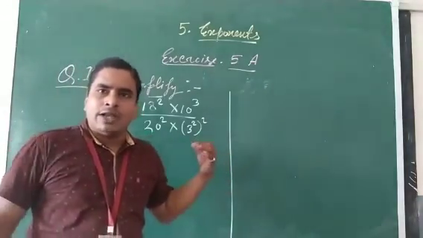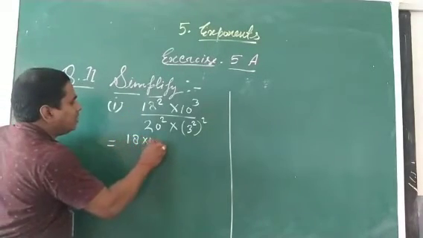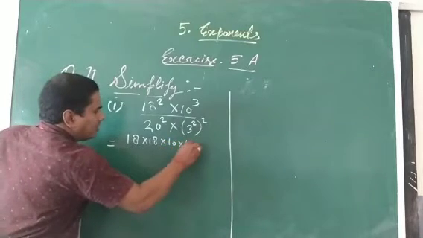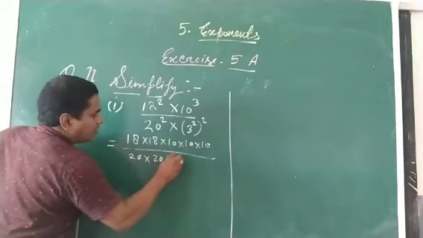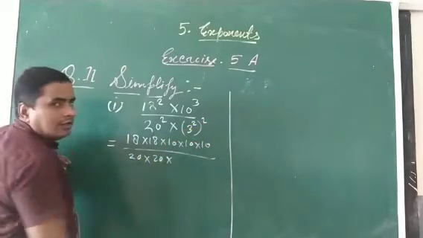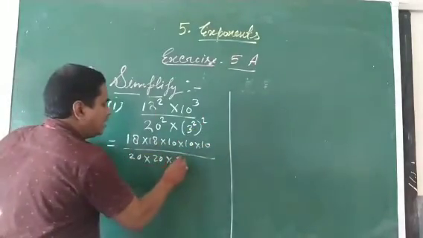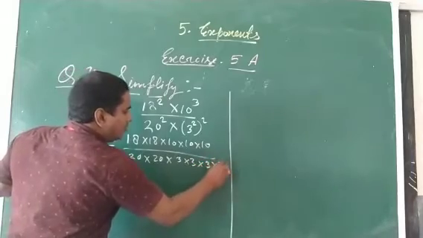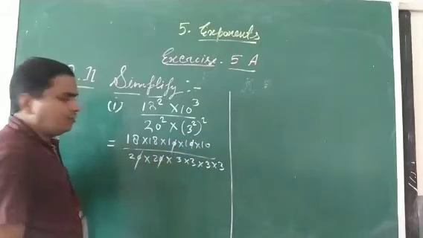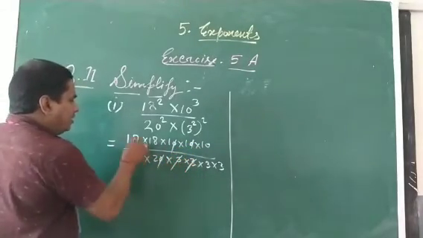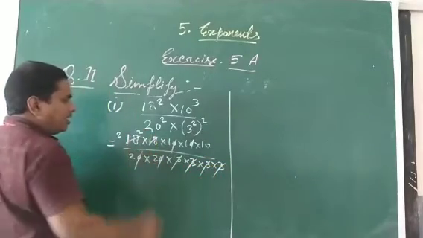So first we will solve by the direct method. In this way you can write 18 into 18 into 10 into 10 into 10 upon 20 into 20 into 3 to the power 2 to the power 2, which means 3 to the power 4, so you can write 3 into 3 into 3 into 3. Here the 0 cancels out with the 0. 3 3s are 9, 2 9s are 18.